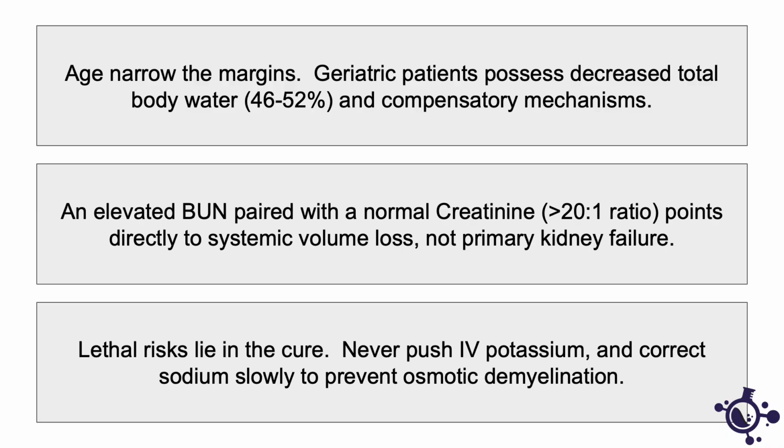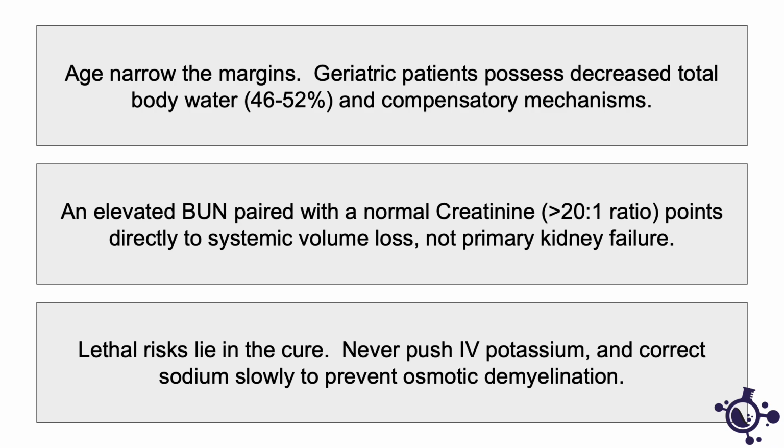All right, a few takeaways here. So age narrows the margins, right? Geriatric patients possess a decreased total body water, around 46 to 52%, like I mentioned earlier. And they also have impaired compensatory mechanisms, versus someone who is younger and probably healthier, okay?